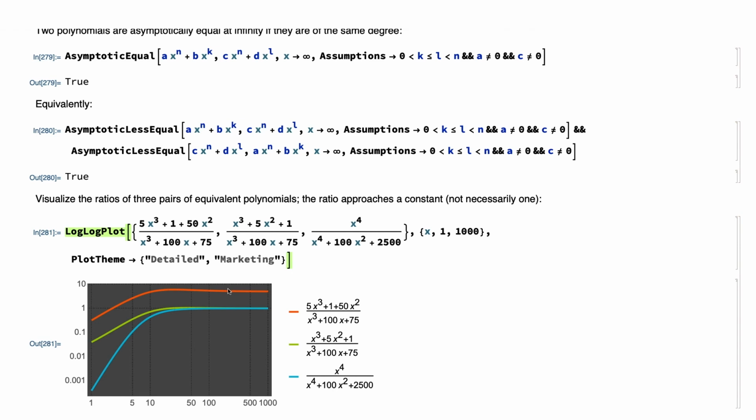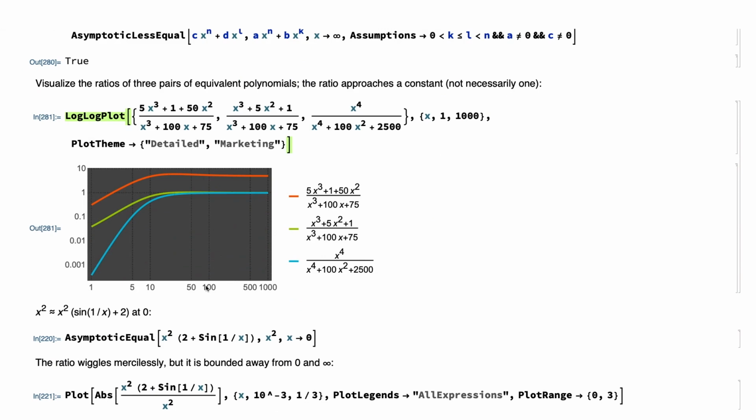And I'm going to assume that k and l are smaller than n, and that a and c are not 0, so n really is the highest order, and they're asymptotically equal. Here I'm using the alternative definition where I'm saying each one is asymptotically less than or equal to the other one.